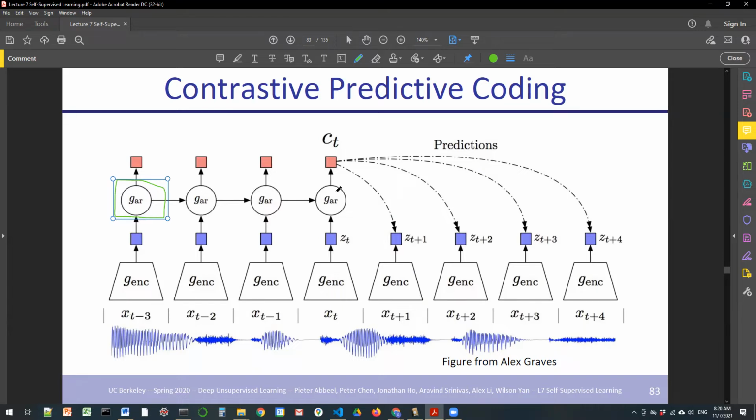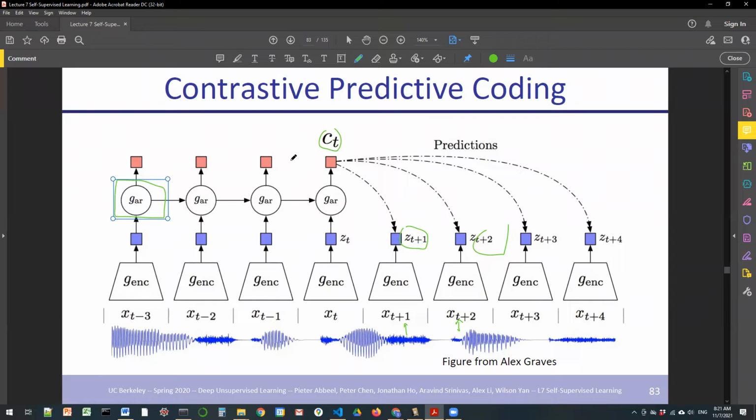It takes it to a number of chunks, and then in the latent space, we use the context to, and this is important, predict multiple future chunks at multiple future time steps. So remember that with CPC, you don't just try to predict at the future time, say t+1, but you predict the latents at multiple time intervals.